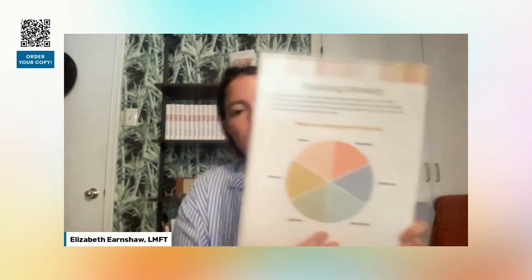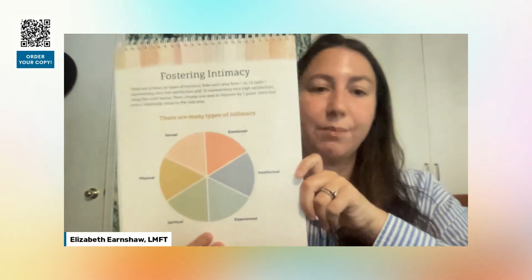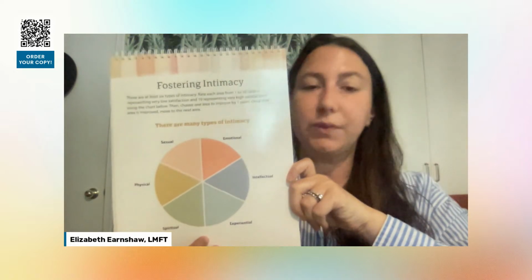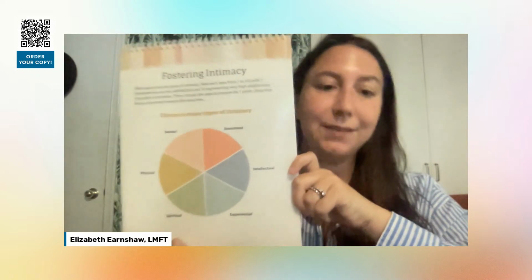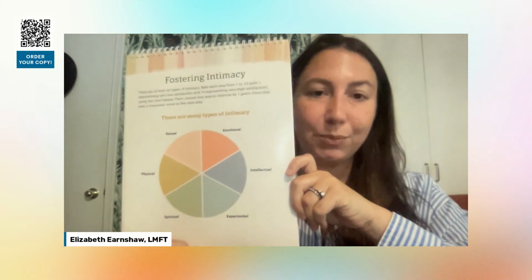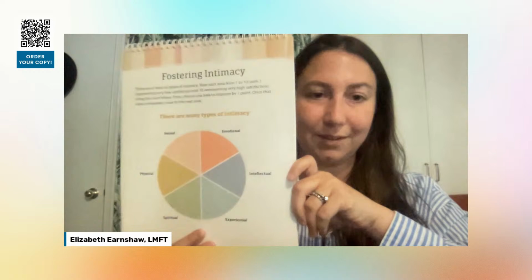Another one that you can show to your couples is this fostering intimacy sheet. Again, if you work with couples, you probably know that most of them think intimacy is code word for sex. A lot of our couples come in and say, we don't have good intimacy, we're not having sex. One thing they're often missing is that sometimes their sex life is being disrupted because of the other areas of intimacy.